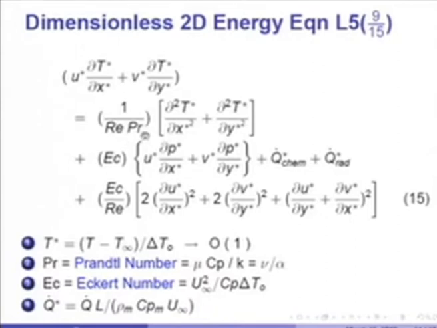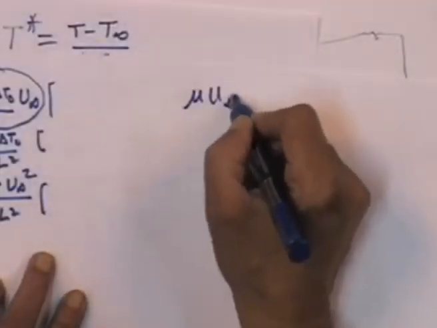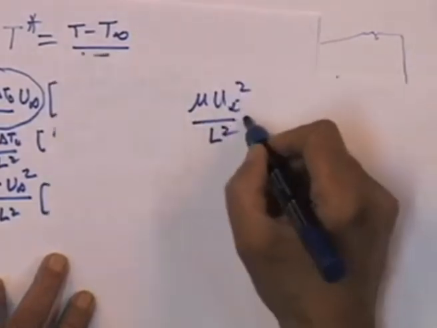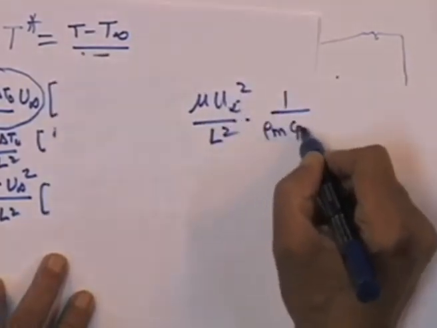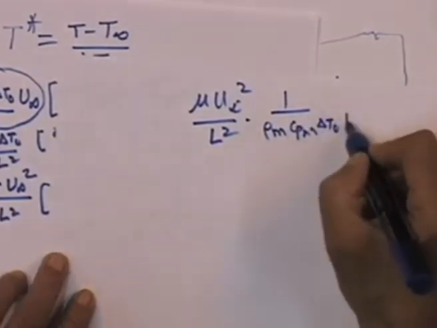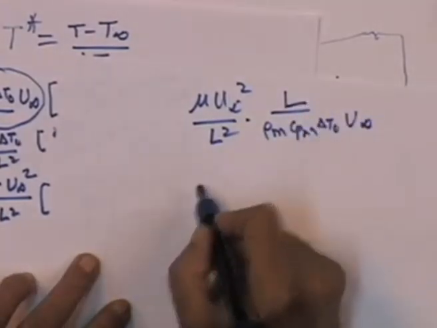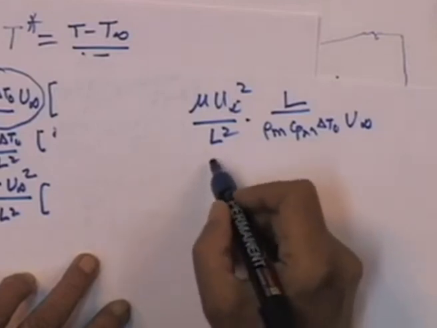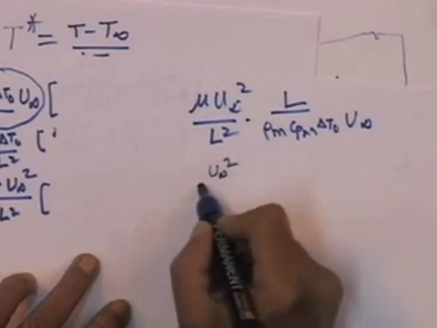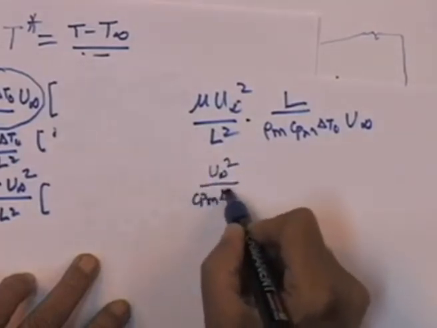The third term, the pressure work term or the viscous dissipation term, is somewhat important in the sense that you will see now that if I were to divide through again, then you will see that mu u infinity square divided by L square divided by rho m CPM delta T naught u infinity into L. Now, you will see this becomes equal to u infinity square divided by CPm delta T naught.